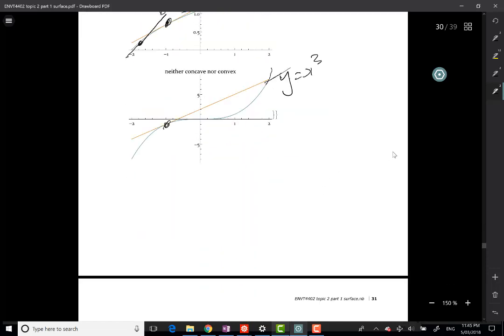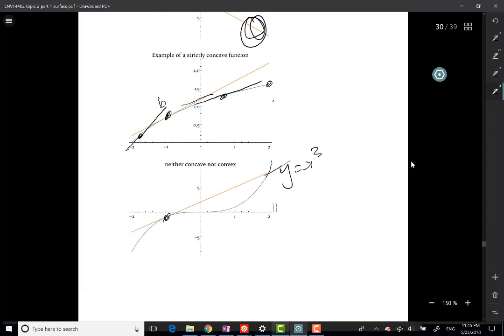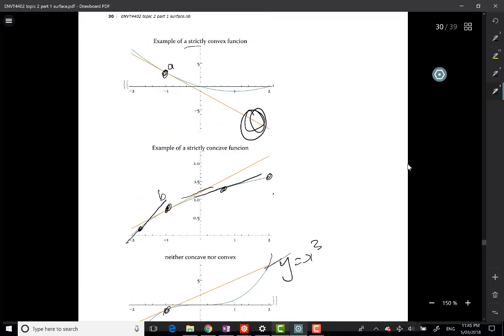Why is this important? If you're going to choose a function for an objective function, it basically had best be concave.